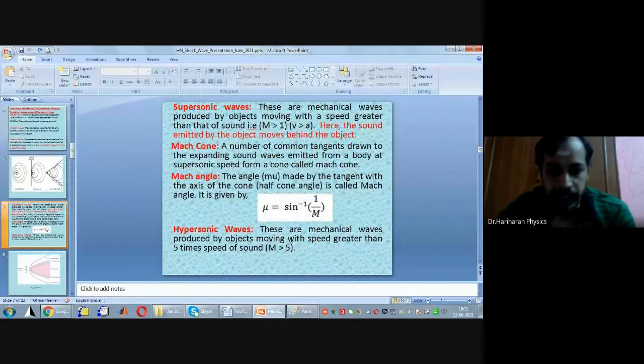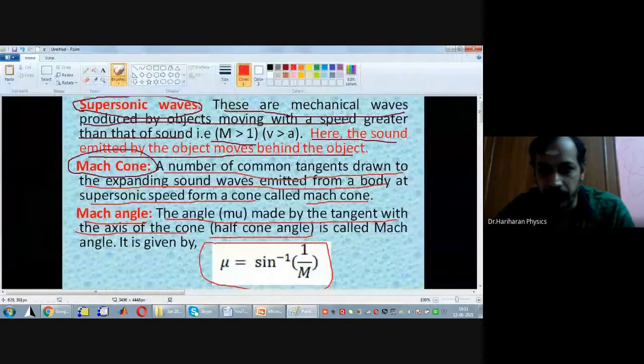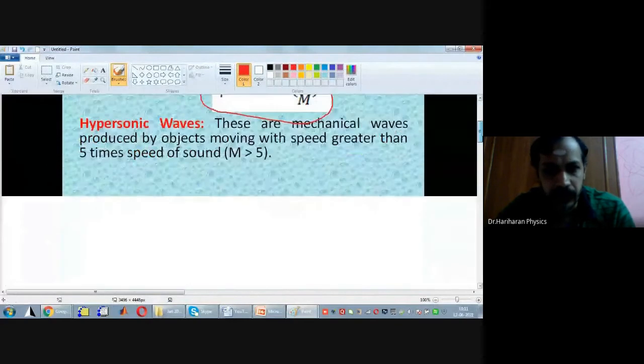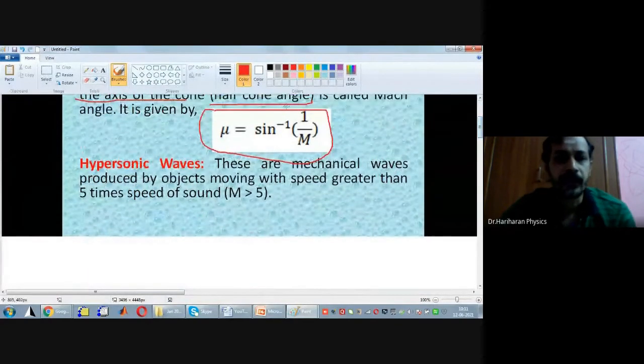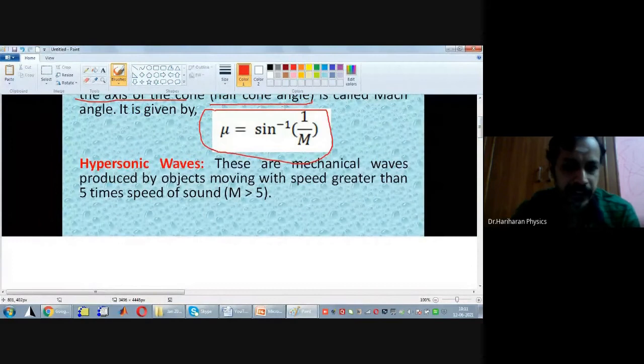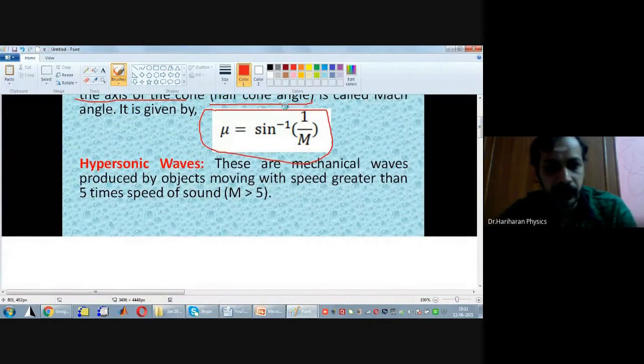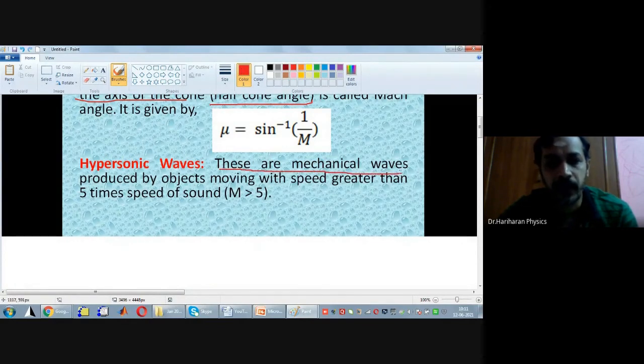Okay, next I think hypersonic waves are there. It's not there in this. Yeah, hypersonic waves are there. So what are hypersonic waves? Hypersonic waves are the mechanical waves or sound vibrations produced by objects moving with a speed greater than 5 times the speed of sound in a given medium.